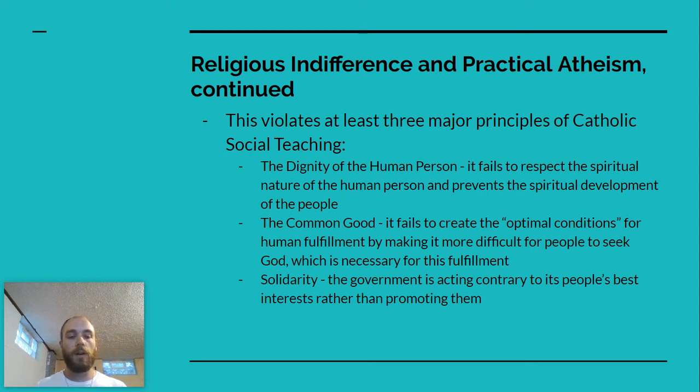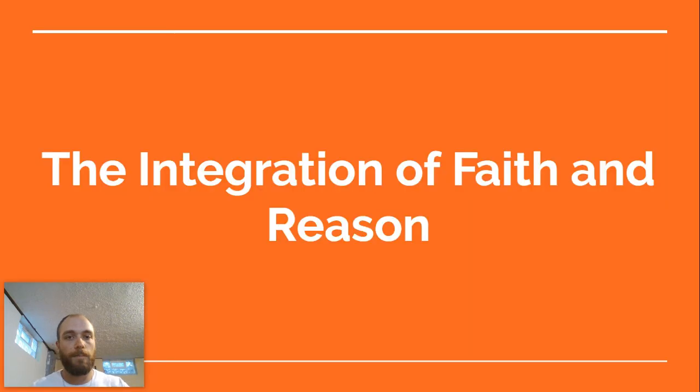And then third, I put solidarity, could have put subsidiarity or other ones too, but the government's acting contrary to its people's best interests rather than promoting them. And remember, solidarity is uniting your interests with the interests of other people, working for their good as well. So those are three principles that the government promoting these things violates.